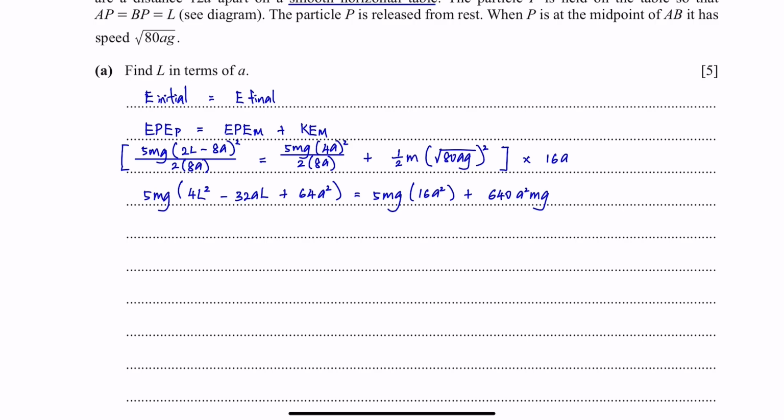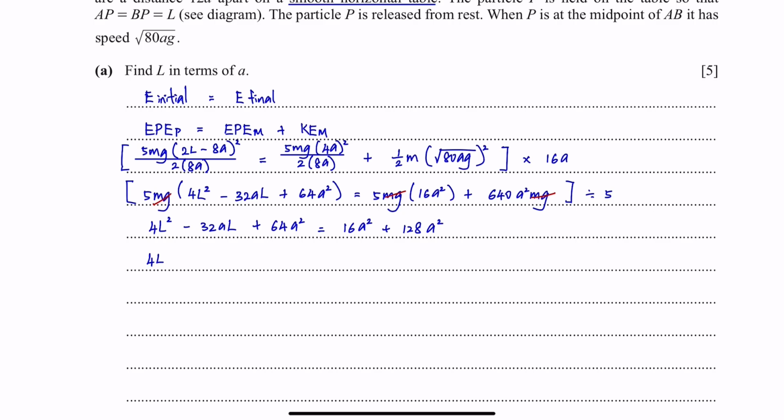Okay, so now we can cancel off the mg and we would get... oh, and we also can divide the whole equation by 5 just to simplify it a bit. So we would get 4l squared minus 32al plus 64a squared equals 16a squared plus 128a squared.